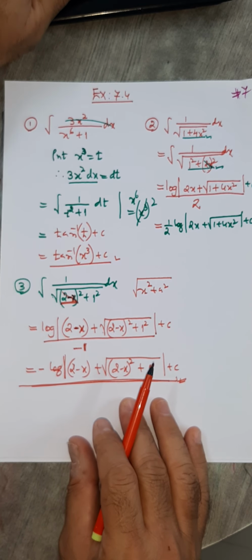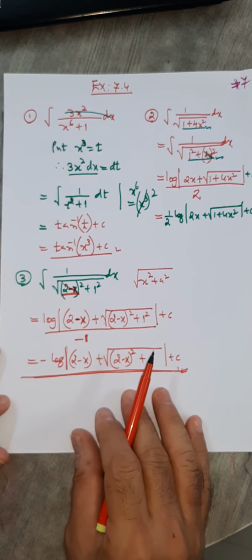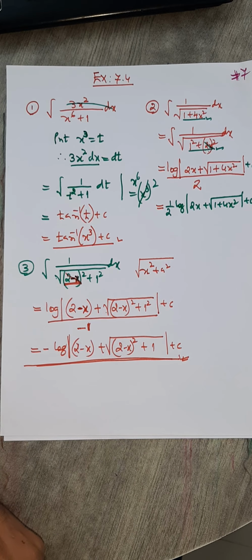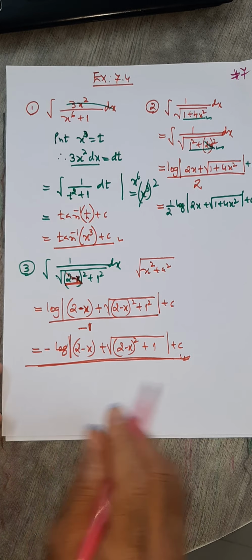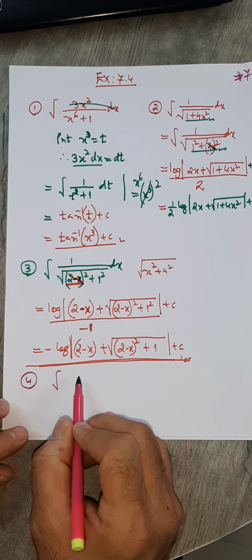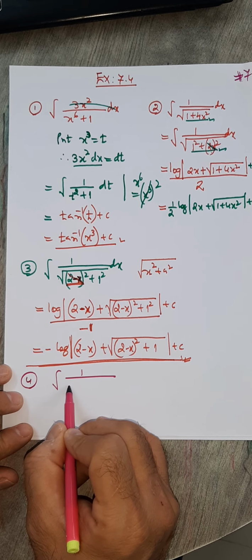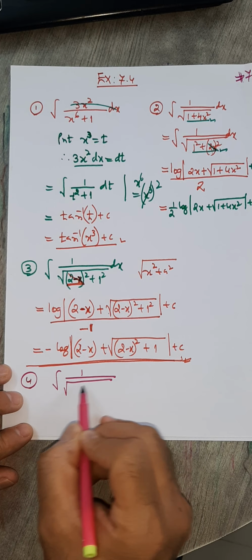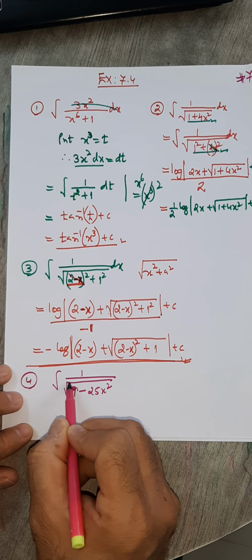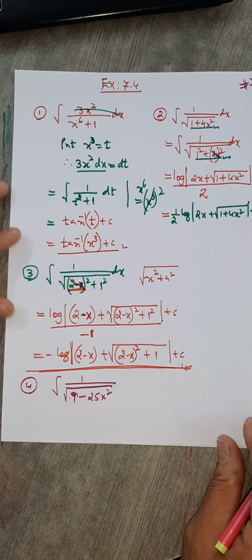Question number 4 now. If I go to the fourth question, let me write that. In the fourth question you see here, the integral of 1 upon the square root of 9 minus 25x squared. You see inside the square root you have the constant first.